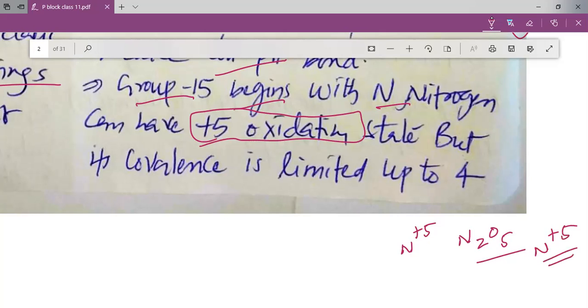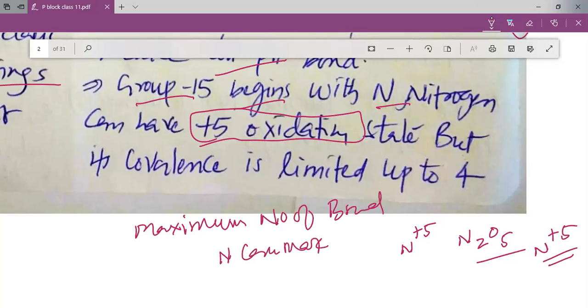But my dear students, the covalence, or the maximum number of bonds nitrogen can make, is equal to 4. So please remember that nitrogen, with which group 15 begins, can have a +5 oxidation state, but its covalence is limited to 4. So it can make a maximum of 4 bonds.